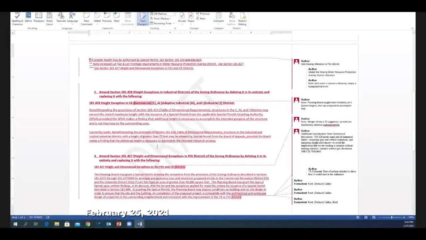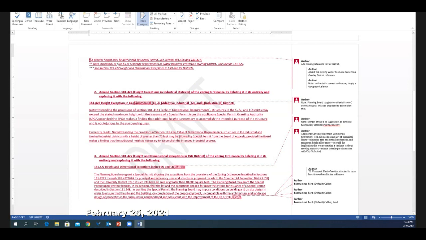Now I could certainly add 50 here. And the other associated change with it is we added a height exception in commercial, adaptive industrial, and industrial districts. If you look at the original zoning, 181.426 is pre-existing. It was called height exceptions in industrial districts. This would simply add commercial and adaptive industrial to it.